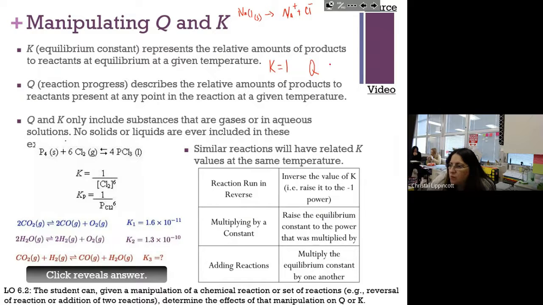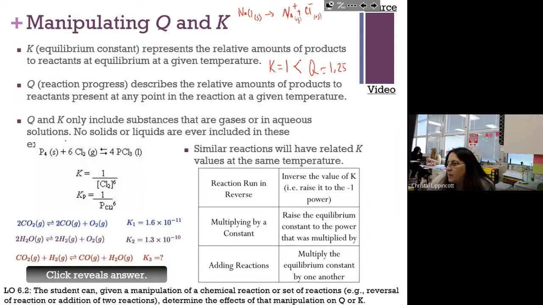If I get a situation where I calculate Q, and remember, these are the only things that we're going to use for Q here, if I calculate the concentration of these and multiply it together, and that's like 1.25, then my Q would be greater than my K, and that would make the reaction run back this direction.